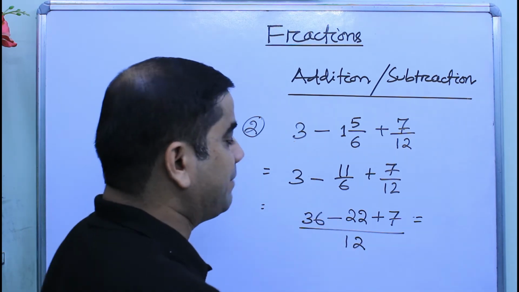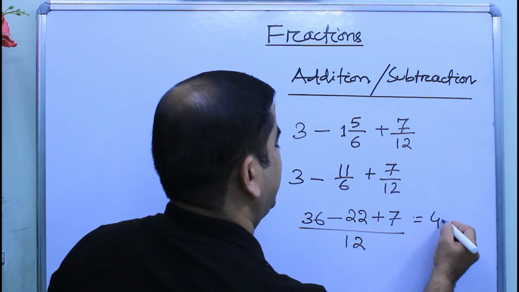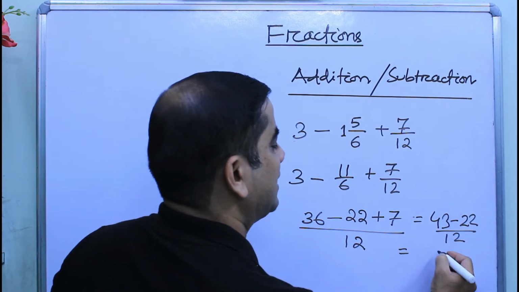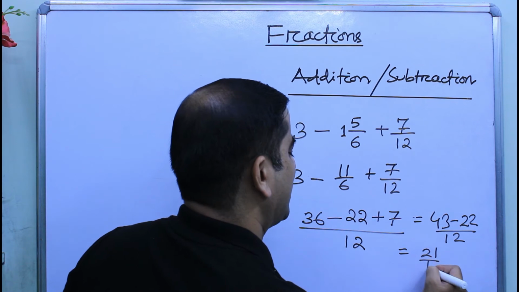So it gives us 43 minus 22 divided by 12, that is nothing but 21 by 12.